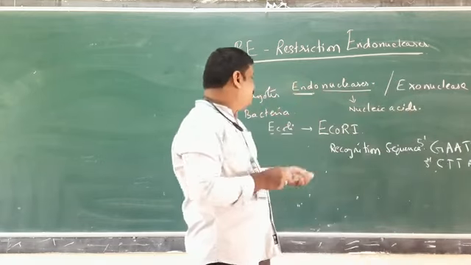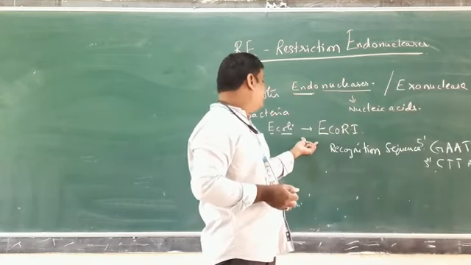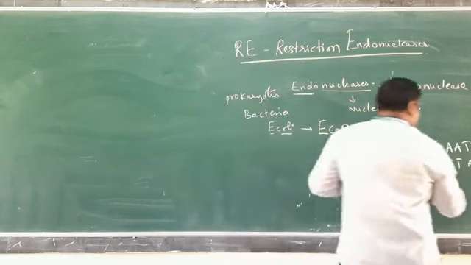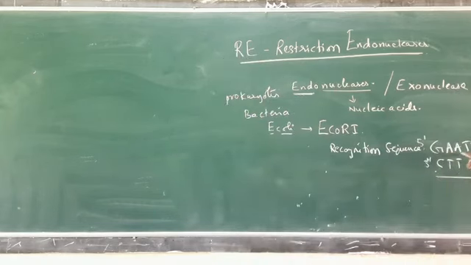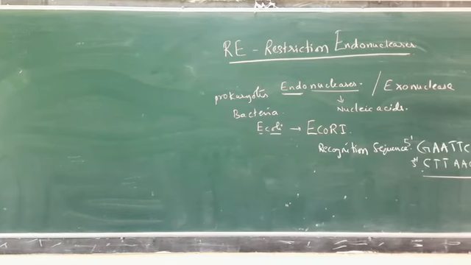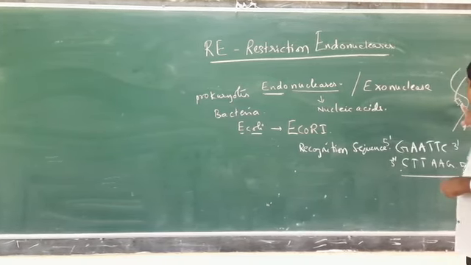The restriction endonuclease extracted from E. coli can recognize the sequence GAATTC in a DNA. Whenever it recognizes the sequence GAATTC, it will bind to it and cleave it.